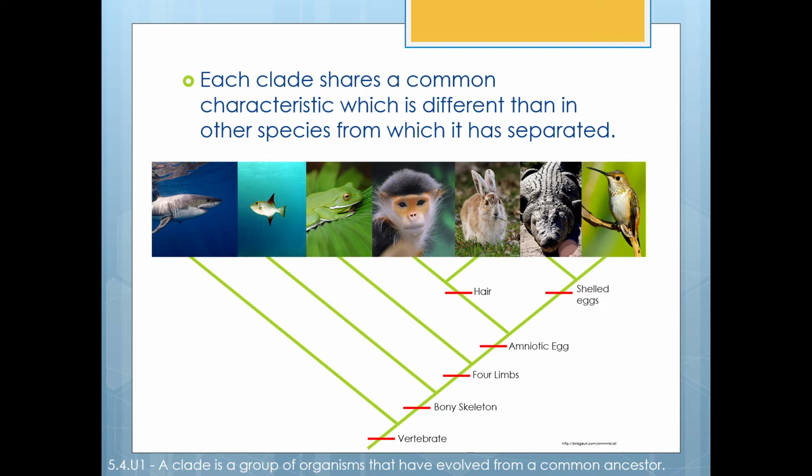Among them, we've got 2 separate clades, one including hairy animals, so mammals, another one laying shelled eggs, and among them reptiles and birds, right? So we have to be sure that the clade we form shares some characteristics which are in common for all the members of this clade, because all of them inherited it from the common ancestor.